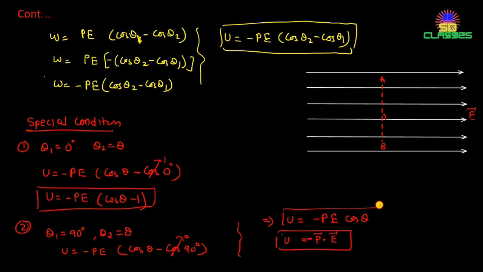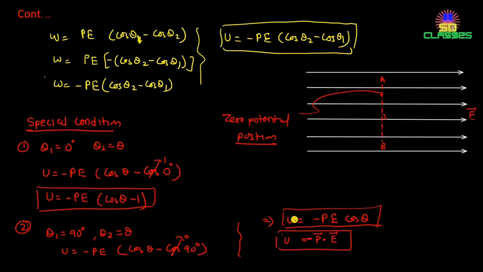So this is the form of your potential energy when your dipole is started with the 90 degree angle. So this is the initial position of the dipole. This position is called your zero potential position. In general, the dipole is firstly kept in this position, right?